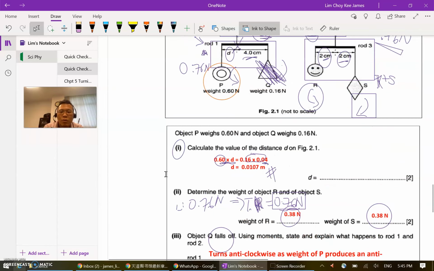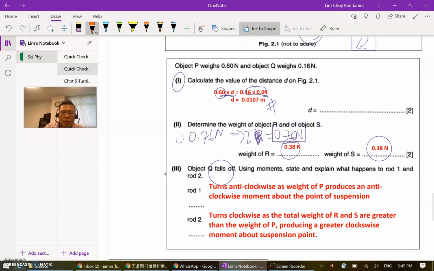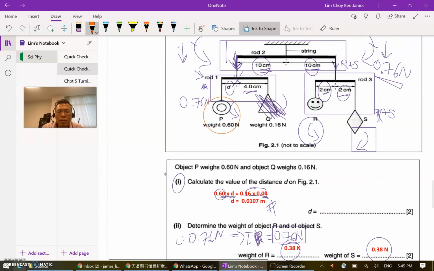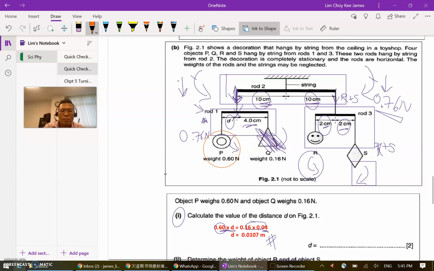So for rod 1, I will have an anti-clockwise moment, and rod 1 will actually drop off. And because my Q has disappeared, the total force at rod 2 on the left side will be lower as compared to the force on the right side.